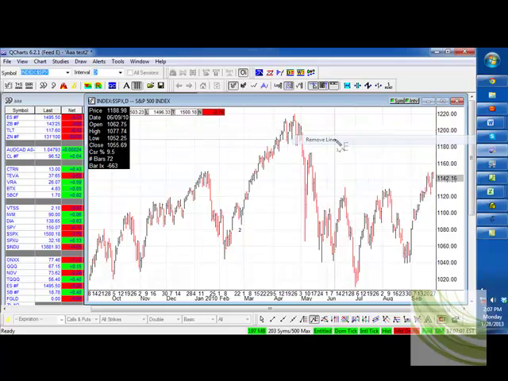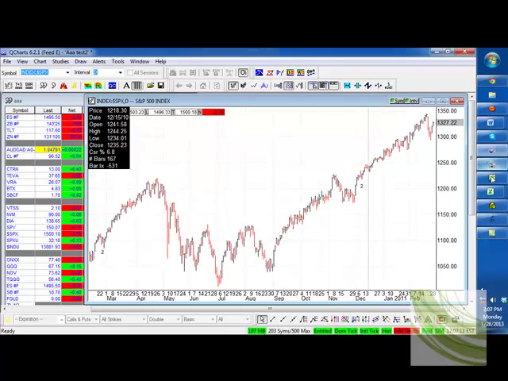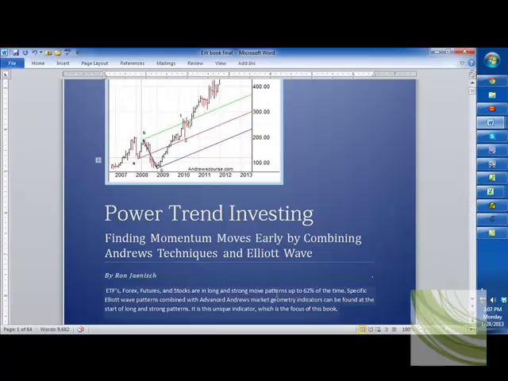I really don't teach Elliott Wave, but I show you how you can combine Andrews and Elliott Wave in a simple version of Elliott Wave. It's a very focused, very succinct, simple version of Elliott Wave to help you find these incredibly powerful moves.